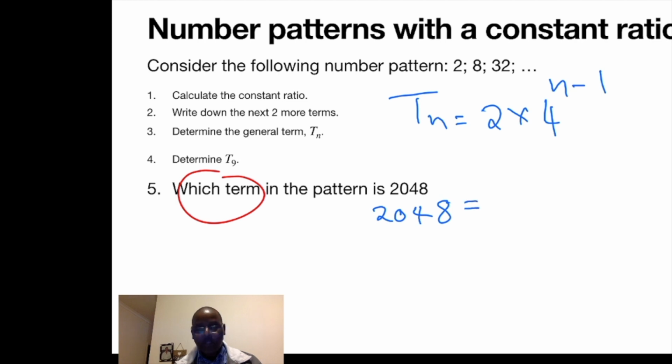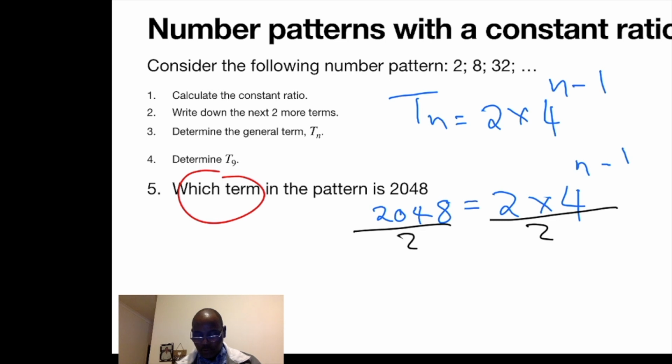So this means 2048 is equal to 2 multiplied by 4 to the power of n minus 1. Clearly, the first thing we need to do is to get rid of that 2 there. We are trying to find n, so we need to get rid of the 2 from the other side. And this will give us 1024 is equal to 4 to the power of n minus 1.